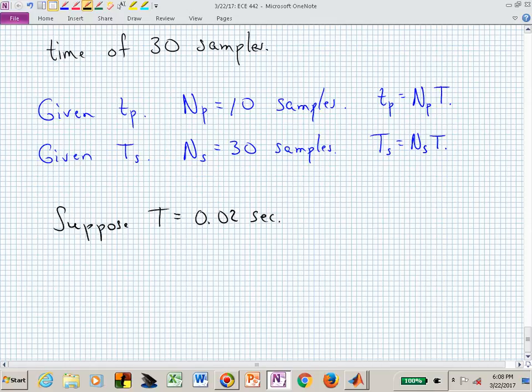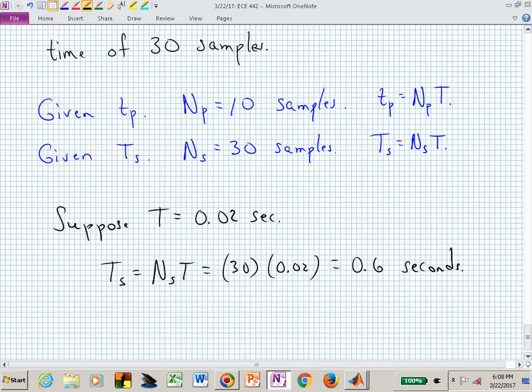Then that would translate into a settling time t sub s of n sub s times T, which is now 30 times 0.02, or we want to settle in a little bit more than half a second, or 600 milliseconds.